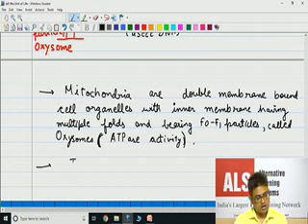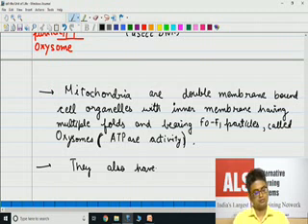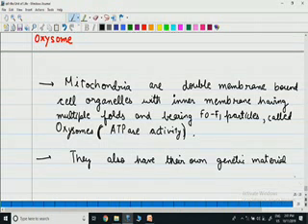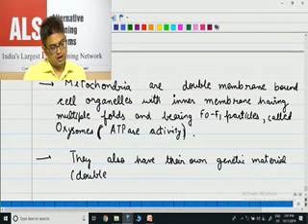They also have their own genetic material, and this genetic material is double stranded circular DNA.